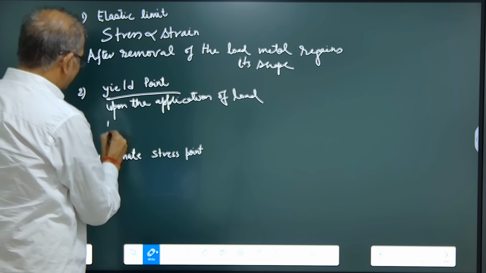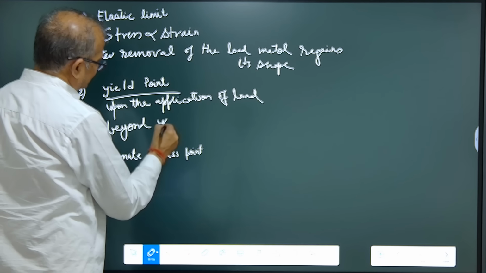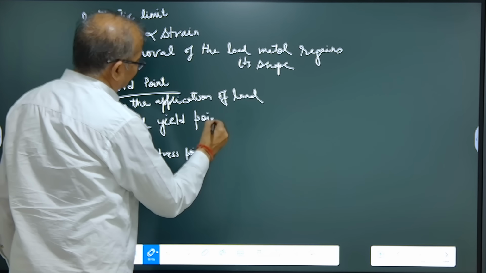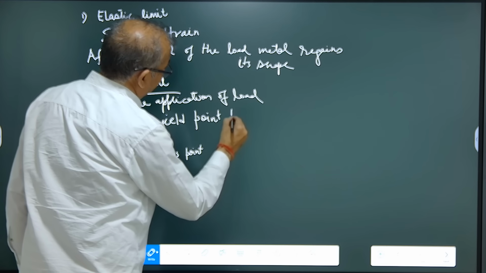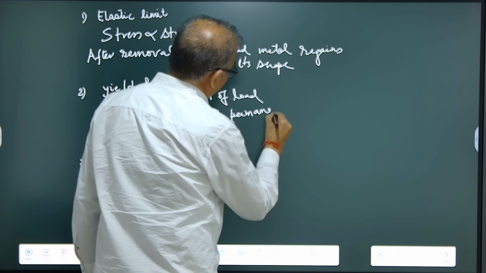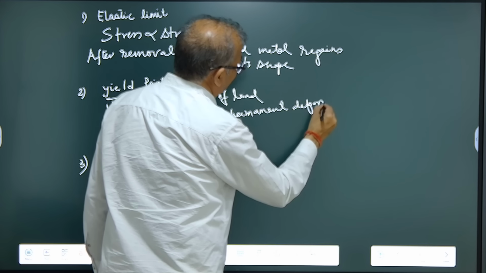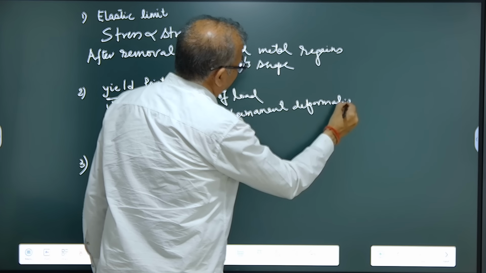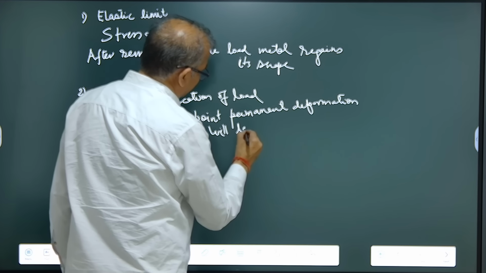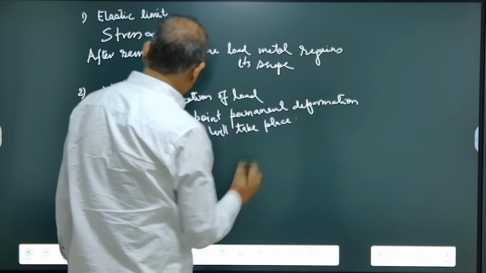Beyond the yield point, permanent deformation will take place in the metal. It will not regain its shape and size.